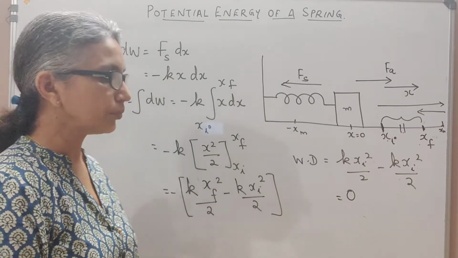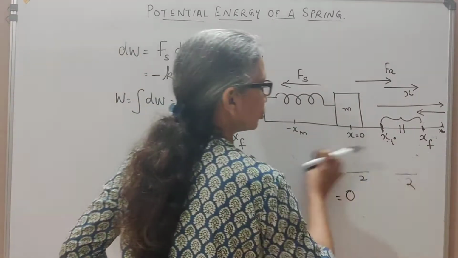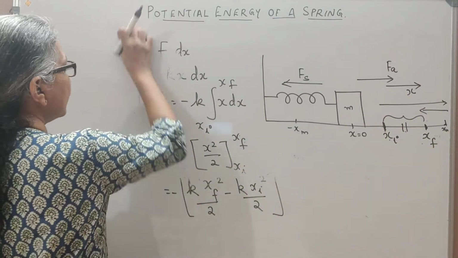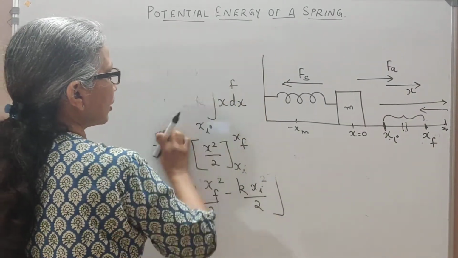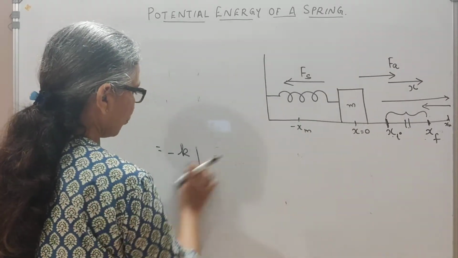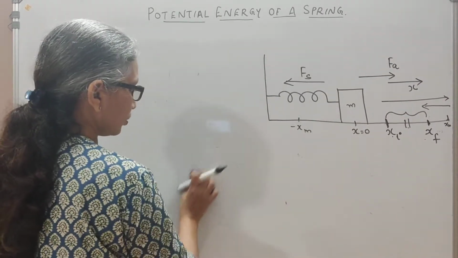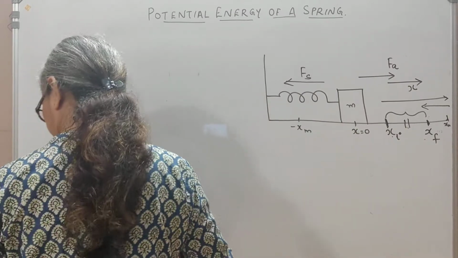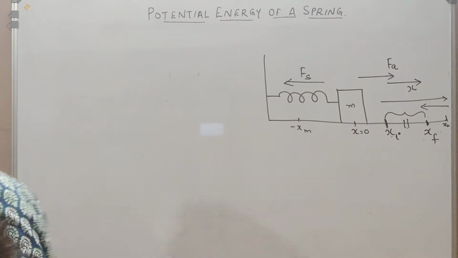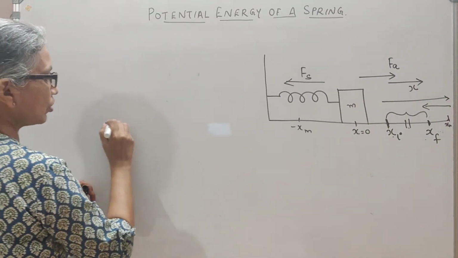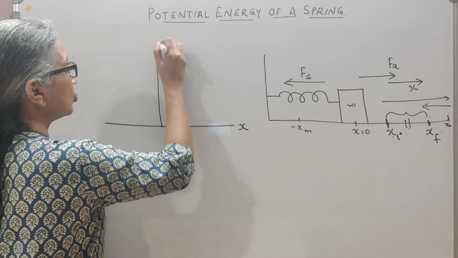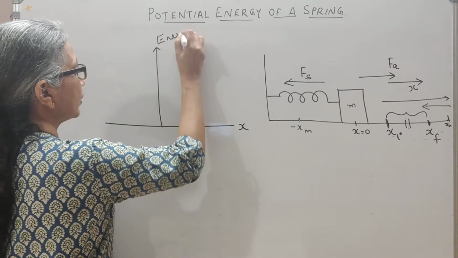Okay. Now the last thing I want to show you today before I end this session is the graphical representation of the variation of the energy associated with the spring. So on the horizontal axis I'm going to plot the displacement, and here I'm going to plot the energy.